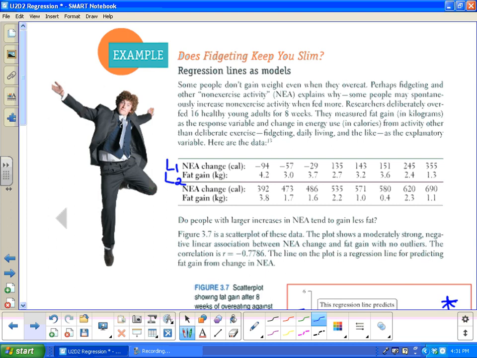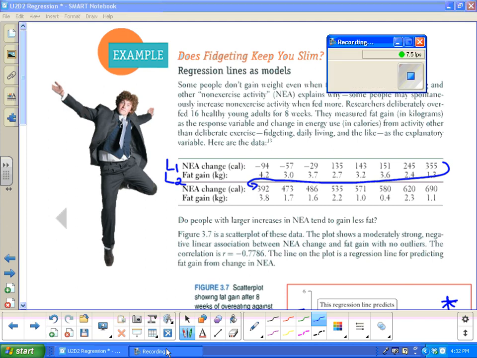There's no reason that there are two rows here except that they couldn't fit all the data on one row. So when you get here to 355, just go on and continue putting these data points in your calculator. So we'll have 16 in L1 and 16 in L2. Alright, so pause the video, get out your calculator, input this data, and then we'll come back in just a second and we'll calculate a regression line.